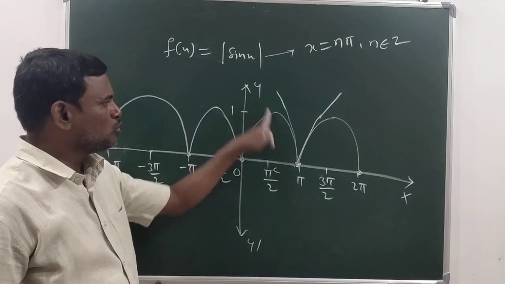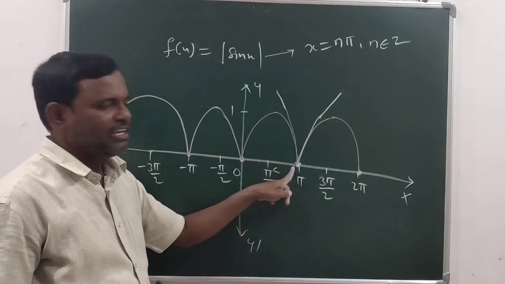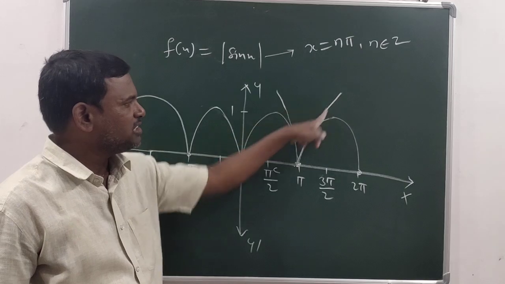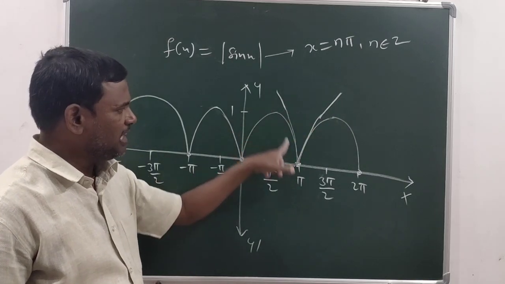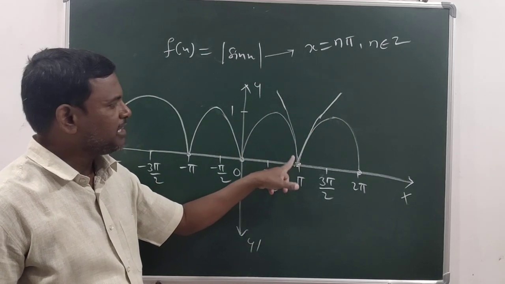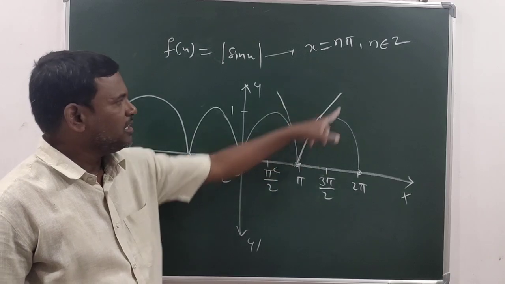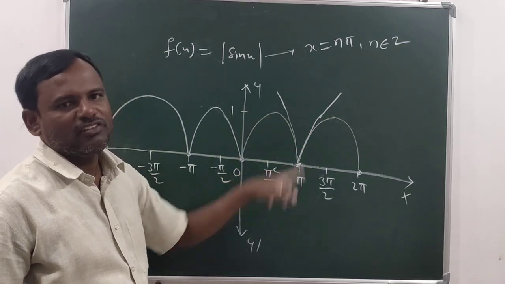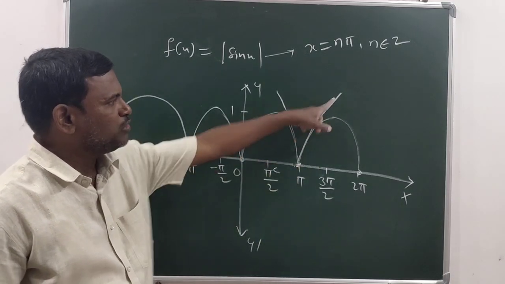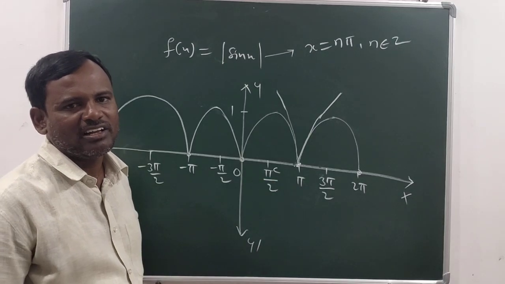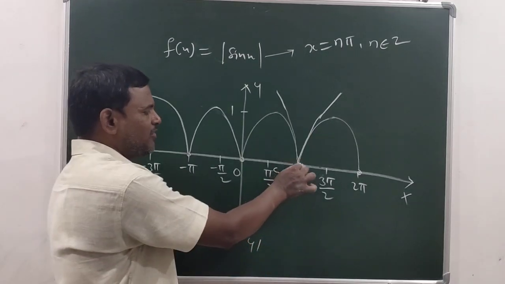Hence, both slopes are different. LHD will have a negative slope, RHD will have a positive slope, because LHD is making an obtuse angle and RHD is making an acute angle with the x-axis. Hence, this slope is negative, this slope is positive. Both are not equal. Hence, this is not differentiable.